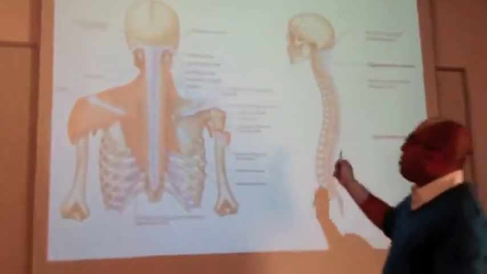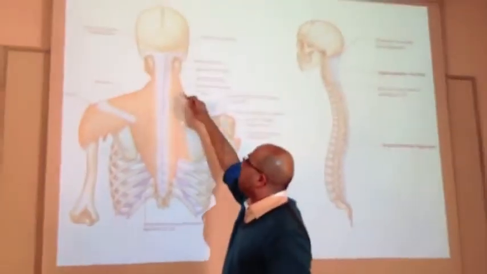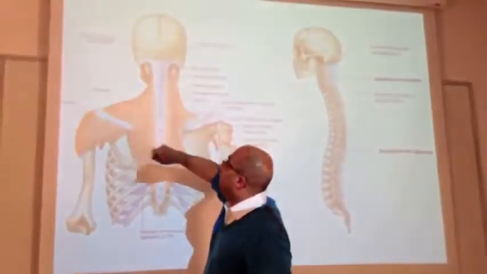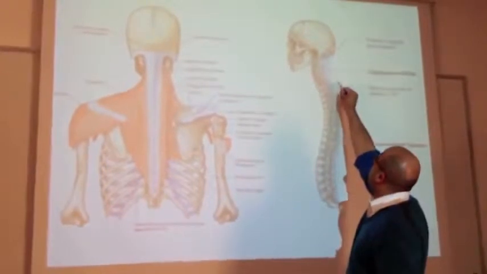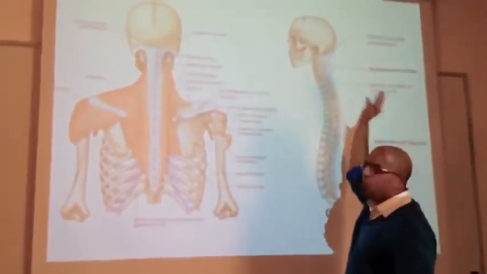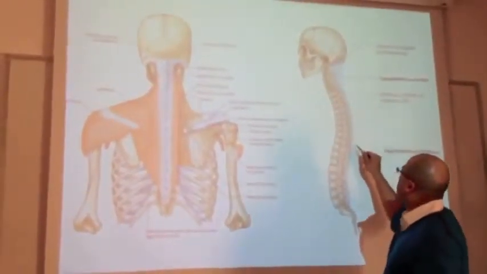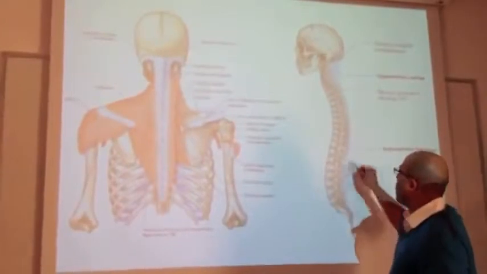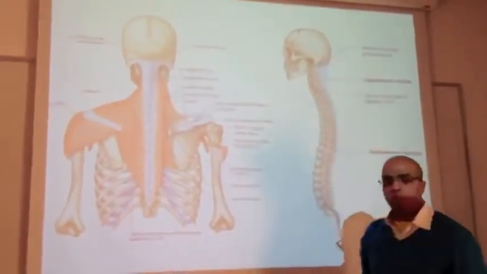So these 2 images show a few ligaments and muscles of the back, and this is basically how the muscles of the back join to the back of the skull. Okay? This here is the ligamentum nuchae, and it's a very, very broad, thick ligament, which is continuous with what's called the supraspinous ligament, one of the ligaments holding the spine together, and it attaches at the external occipital protuberance.